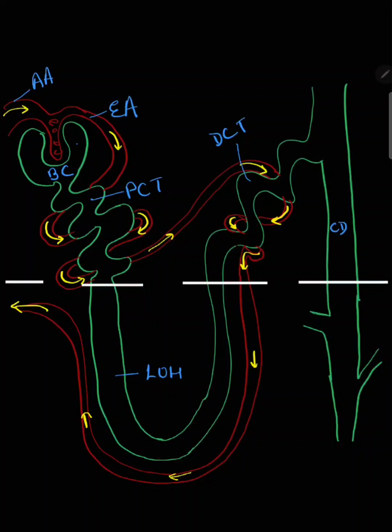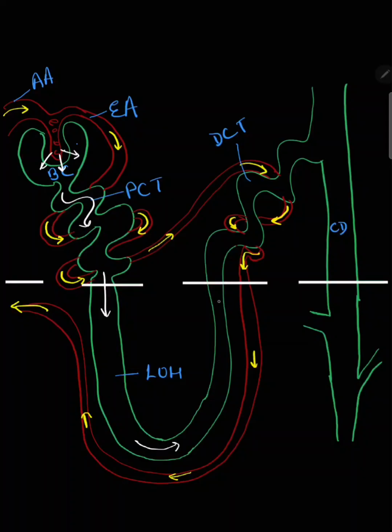Now, whatever filtrate has come into the Bowman's capsule will now pass on to the PCT, then it will go on to the loop of Henle.